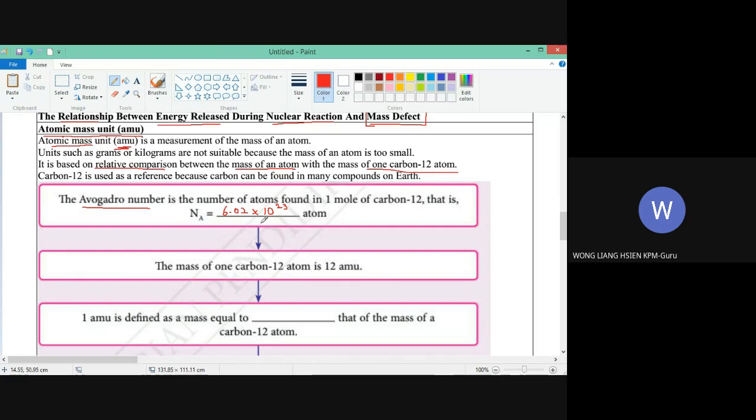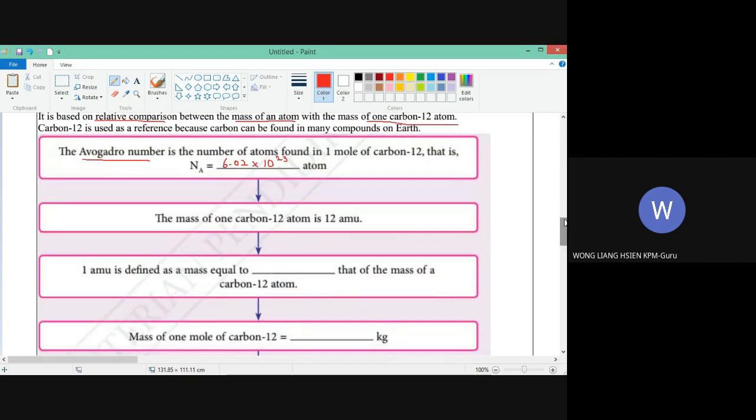So 1 mole of anything is to have this amount of that object. If you have 1 mole of apples, that means you have 6.02 times 10 to the power of 23 apples.